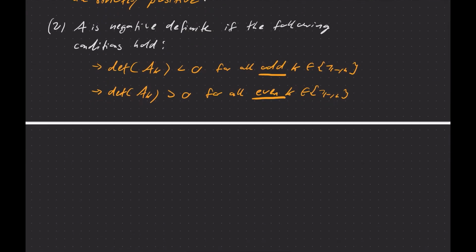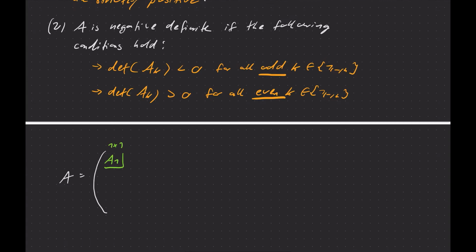Let me give you a very quick illustration of these leading principal minors. So if we have this matrix A, looks like this. Then we can start at the upper left corner here with a 1 by 1 matrix. That would be A_1, and the determinant of this is the first leading principal minor.